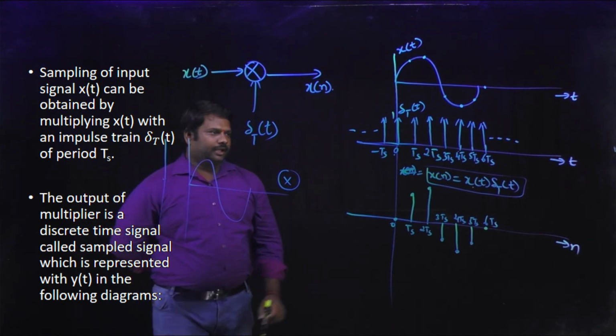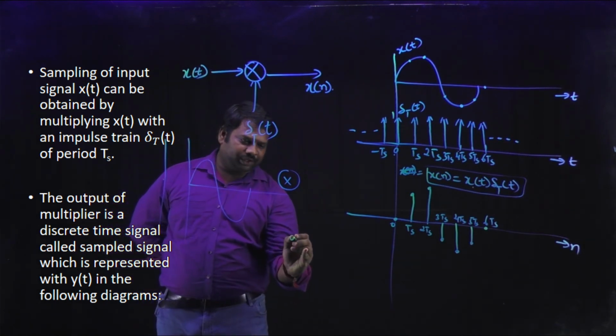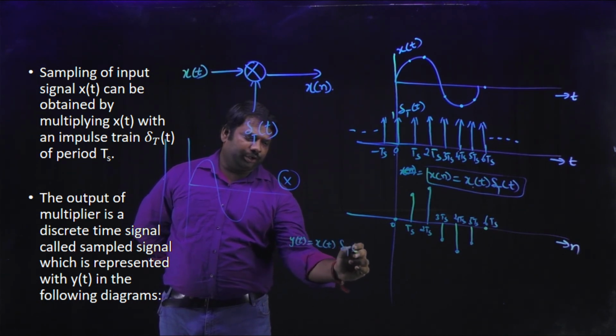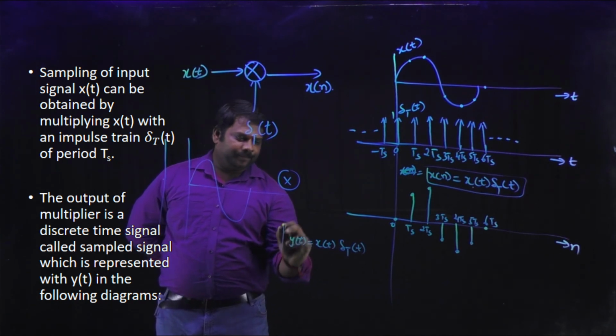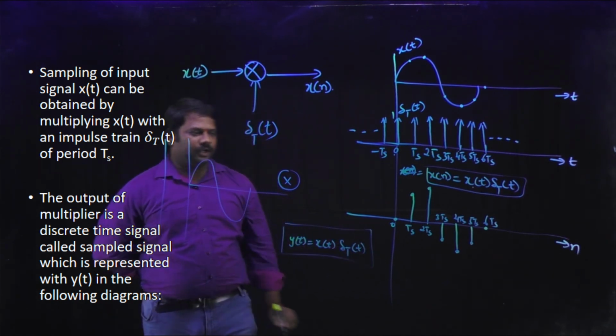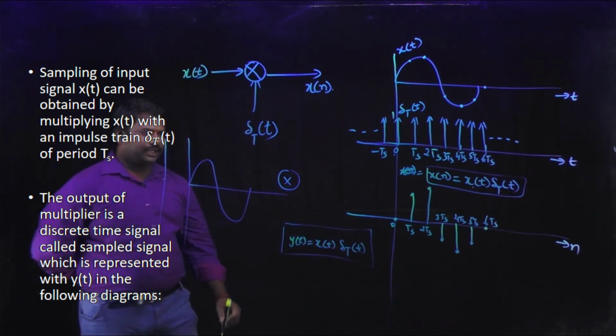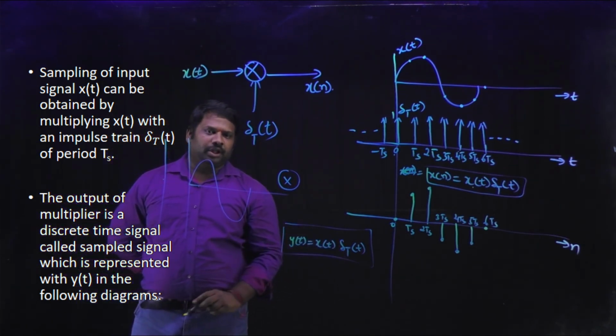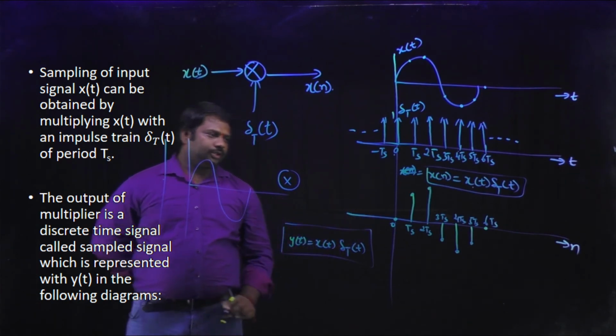Initially we call it, for example, y of t, which is x of t into delta t of t in terms of the time domain. So y of t equals x of t delta t of t, and that represents our output. Next.